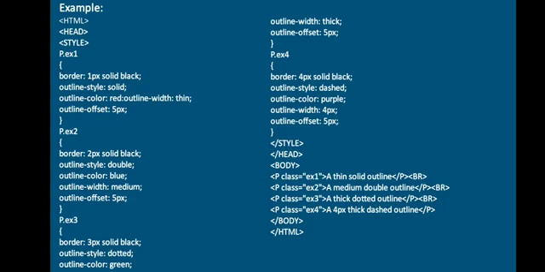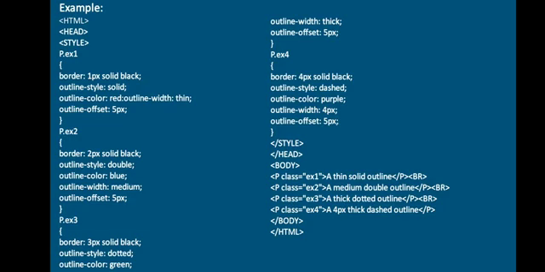Now, the outline of the first class is solid, red color with thin. Second class is double, blue with medium. Third class is dotted, green with thick. And the fourth class is dashed, purple with 4 pixels width. All the 4 classes have the offset property as 5 pixels.